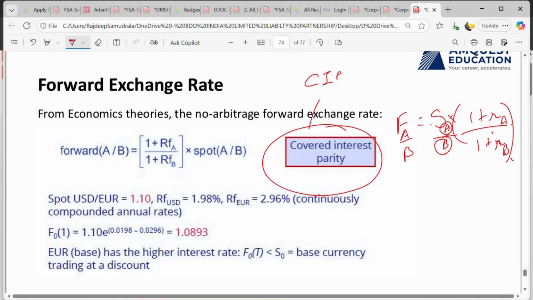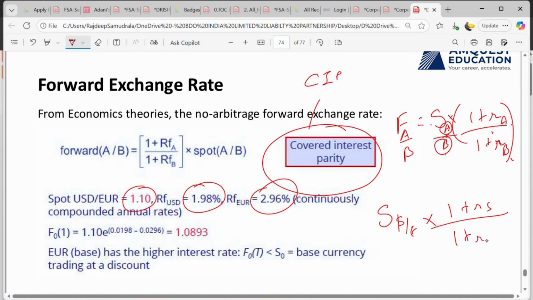So suppose the spot rate is 1.1, dollar rate, euro rate. You need to first find out भाई कौन सा rate ऊपर है. Simple. अभी मैं बोल रहा हूँ डॉलर यूरो, तो मतलब स्पॉट डॉलर यूरो है. तो मुझे ऊपर डॉलर लेना है और नीचे यूरो लेना है. सिंपल.